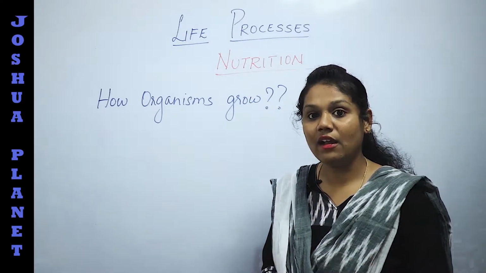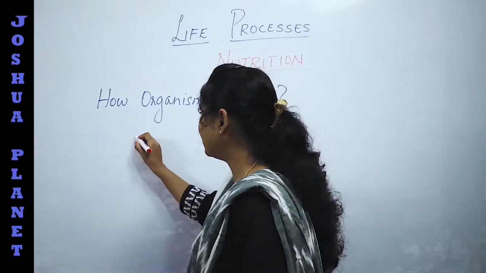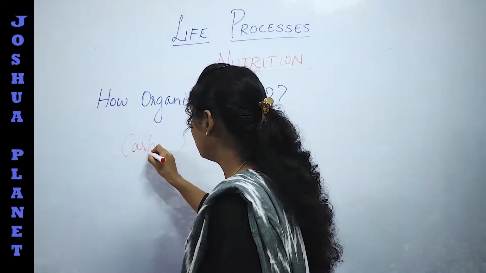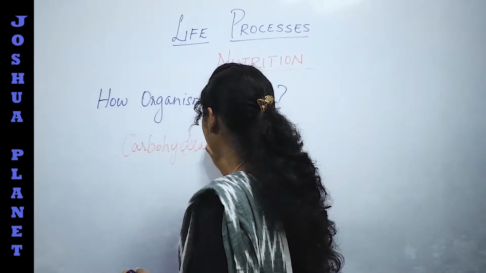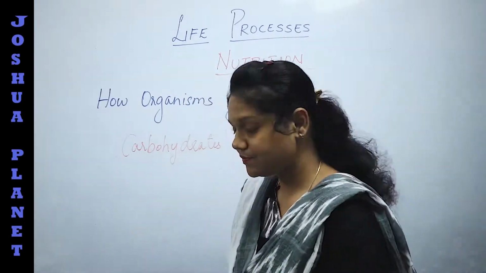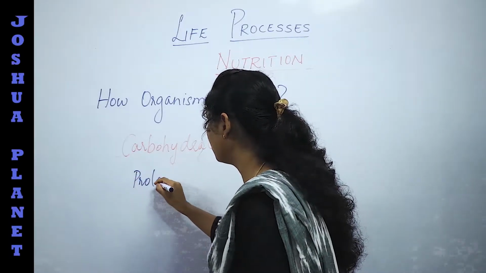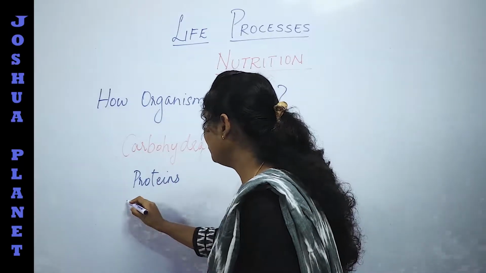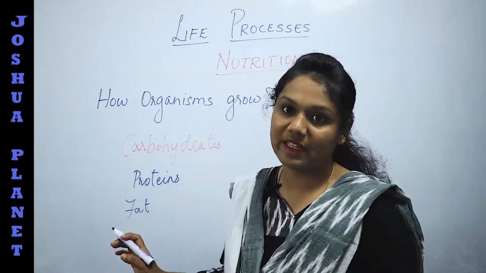So we take in carbon based compounds. In our food, if we see, we have carbohydrates and we have proteins and we have fats, right? So these are the major foods we basically take in.